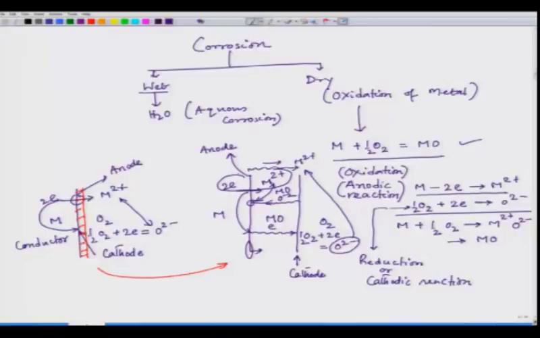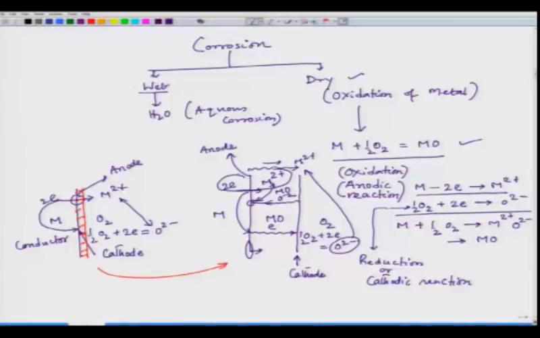This is also corrosion. But here we do not have moisture. So, that means it is a dry corrosion. So, that is what we have come to the condition of dry corrosion, where we have oxidation. If we have time, then we would definitely look into oxidation of metal in little depth, but our primary interest would be on this aqueous corrosion.